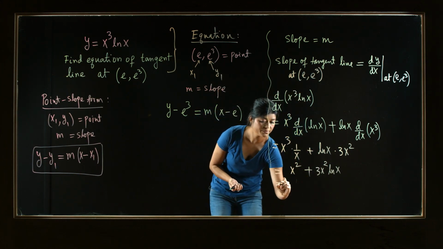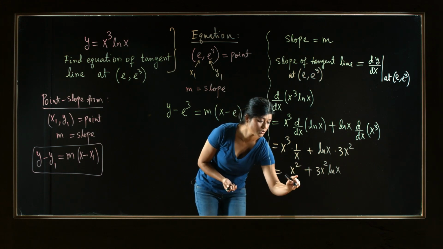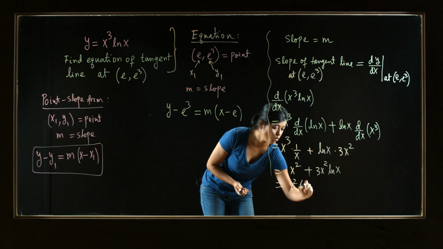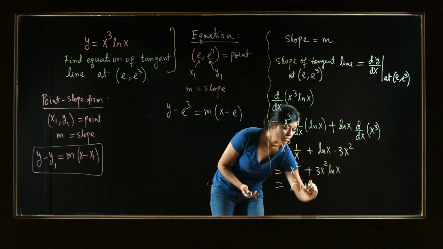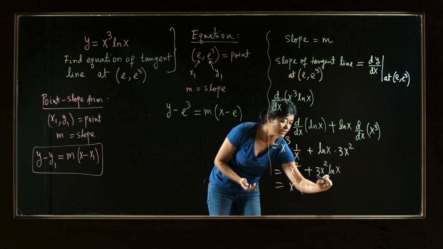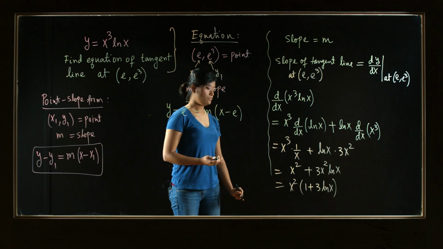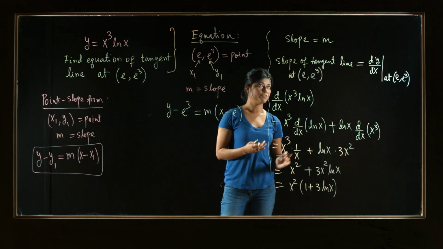You can combine them together because there is a common factor of x squared in both terms. So you will get x squared times 1, because from the first term we have 1, and from the second term we'll have 3 ln x. So that's just the general derivative.